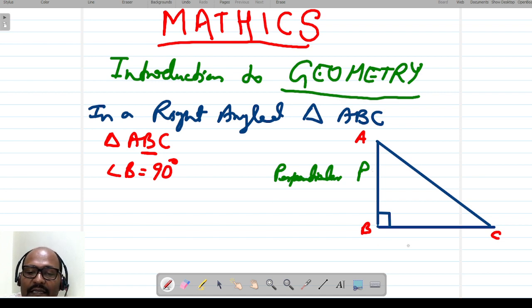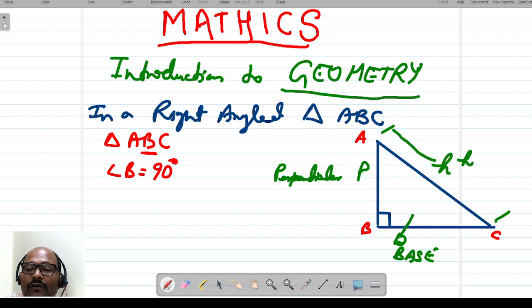So BC is the base, which we denote as B. And this line from A to C is called H. H is called hypotenuse.